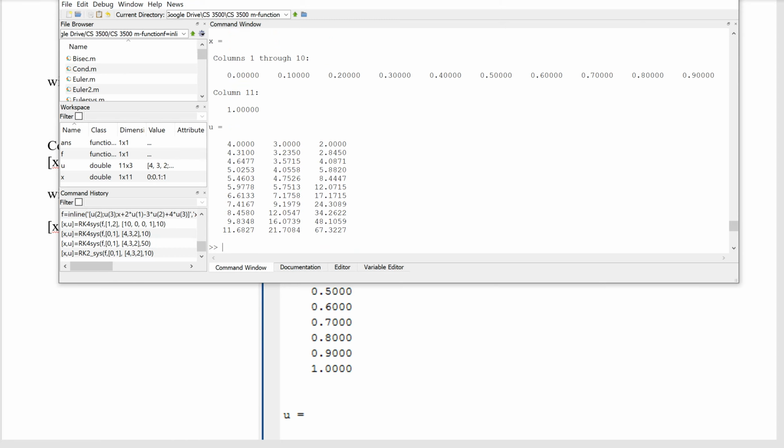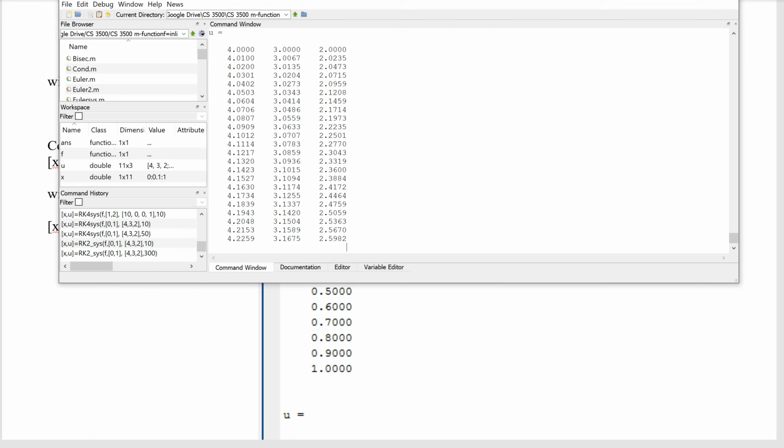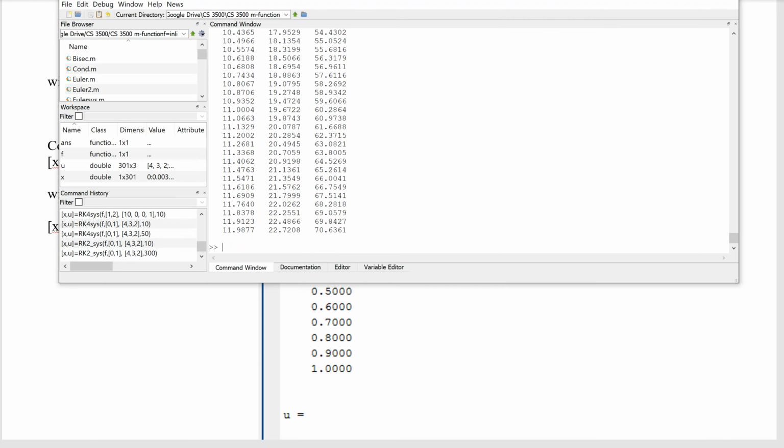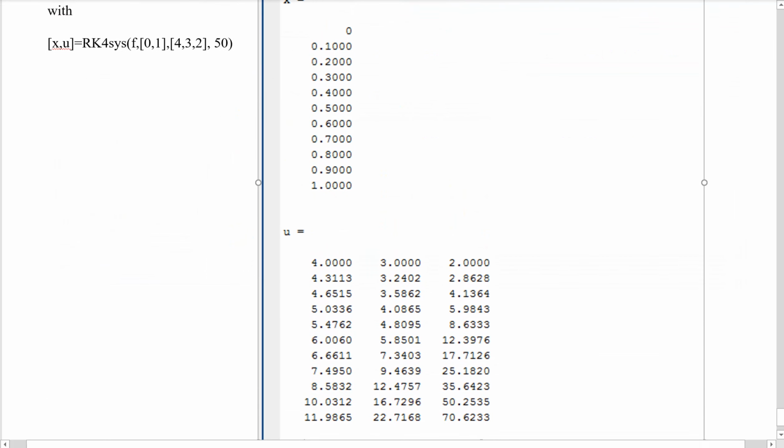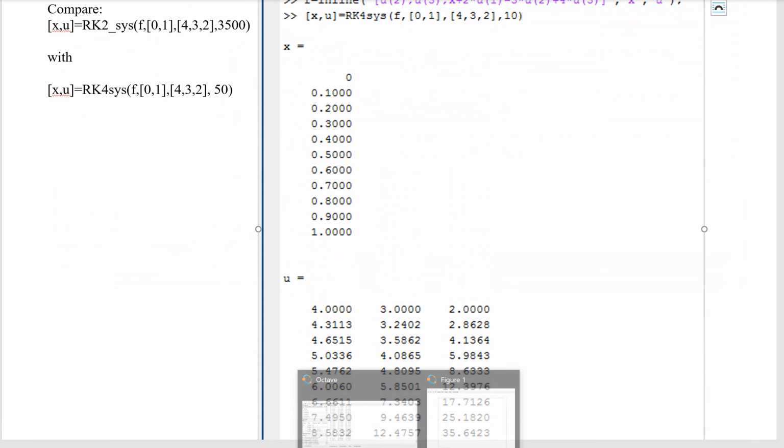But if we increase, we add RK2, let's do 300. See, we get 6361.